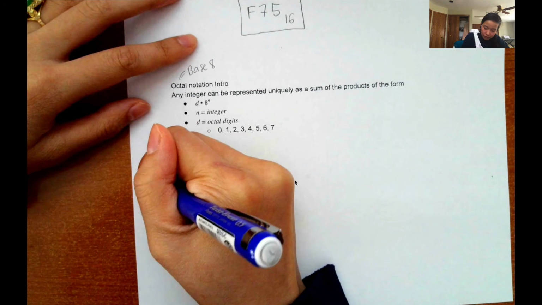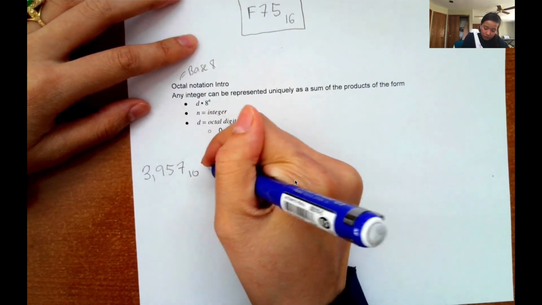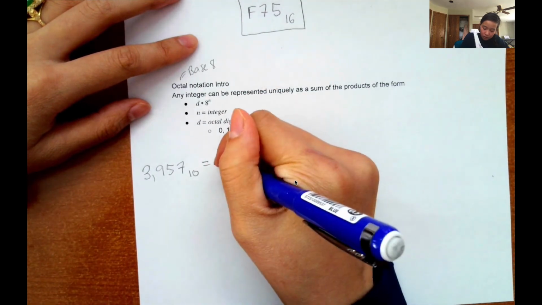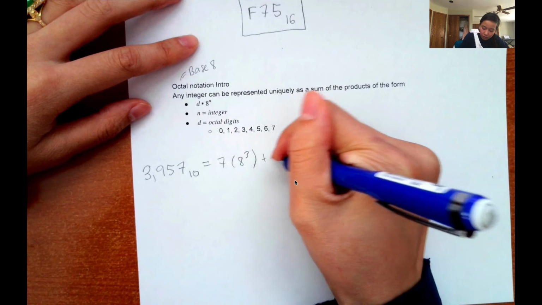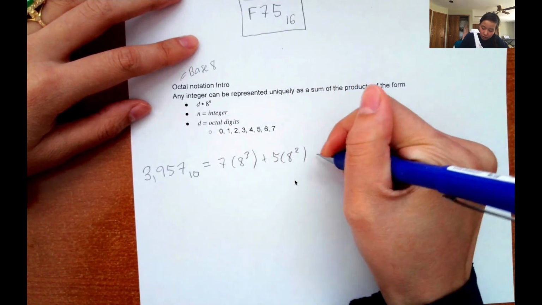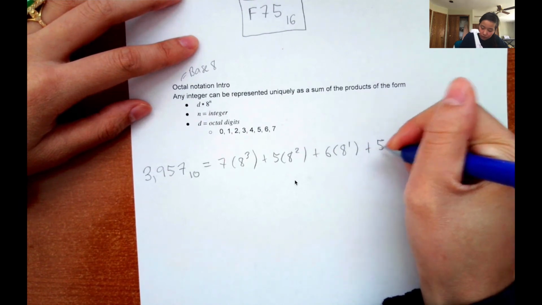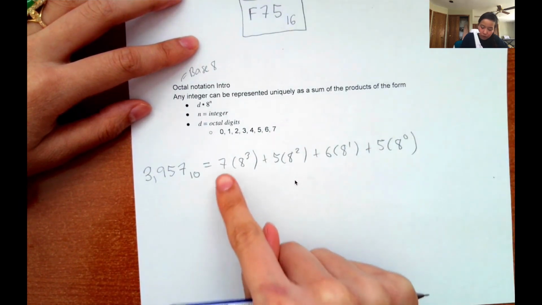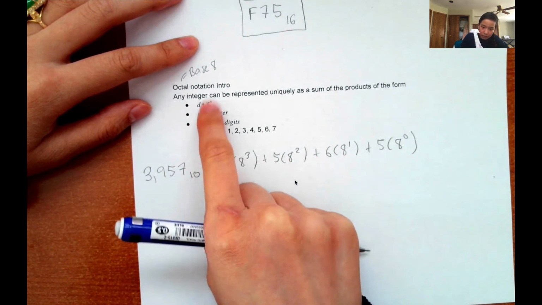So let's deal with 3,957 in base 10 again. I'm going to rewrite that as 7 times 8 to the third power, plus 5 times 8 to the second power, plus 6 times 8 to the first power, plus 5 times 8 to the 0th power. Now, these products are in the form d times 8 to the nth power.